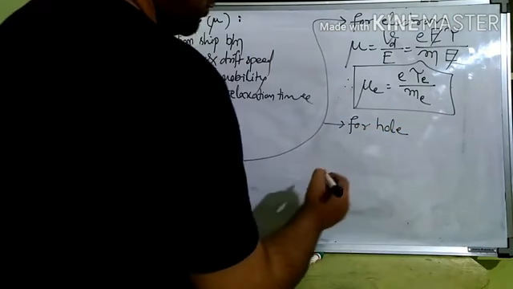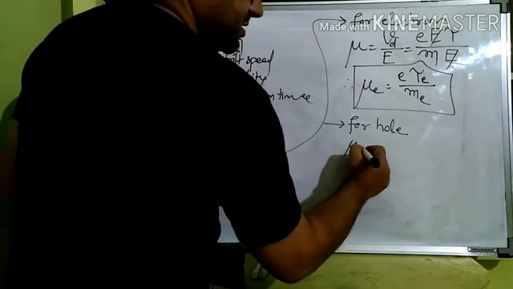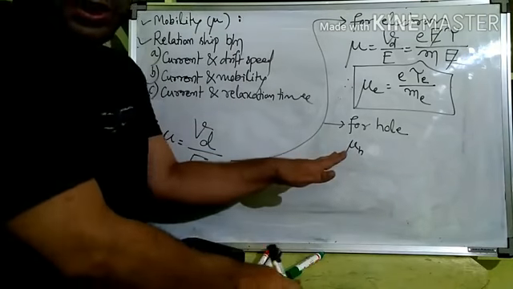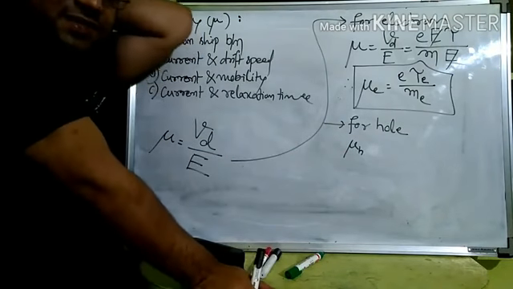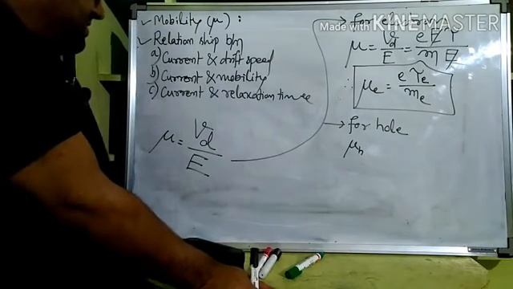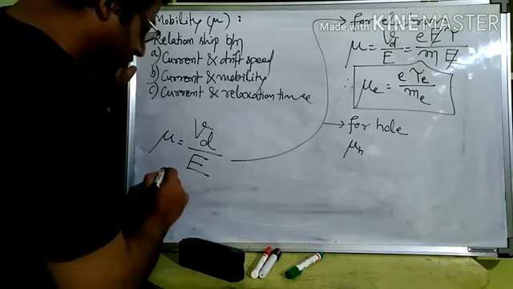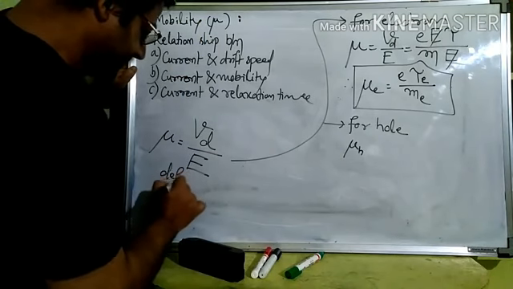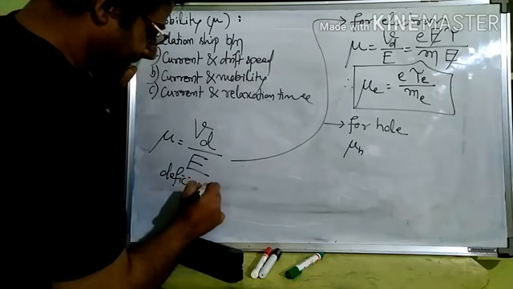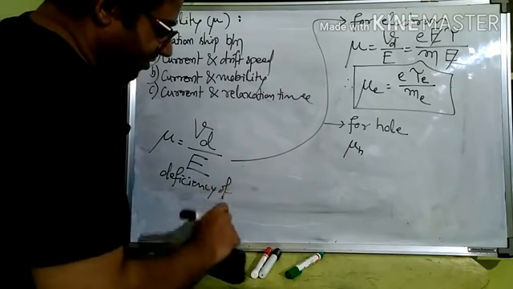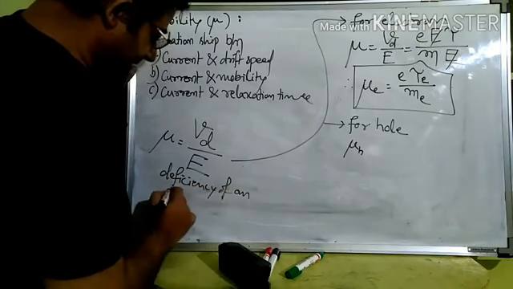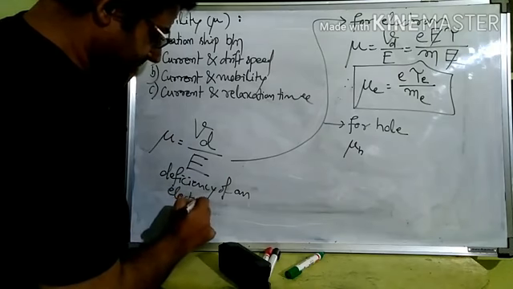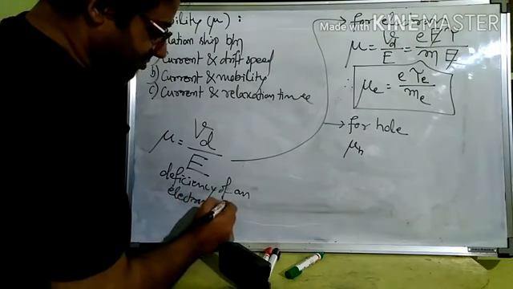Now for hole, the symbol is μh, but what is a hole? That you don't know, right? It is just the deficiency of one electron that is called a hole.